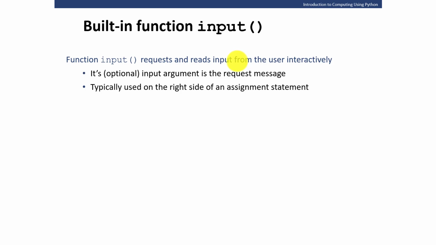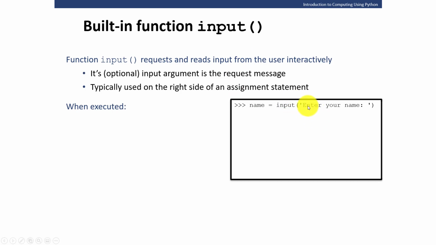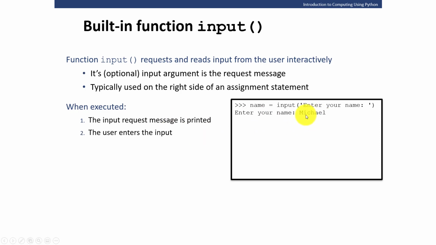So I can say input, enter your name. When you execute this, a message will show, enter your name, and then the user has to enter anything using the keyboard. Let's suppose that enter your name is printed, and then I entered Michael.